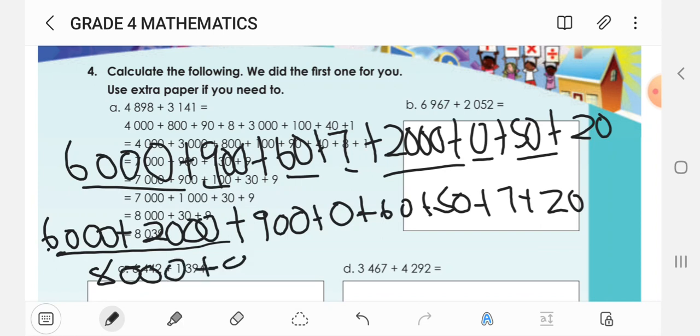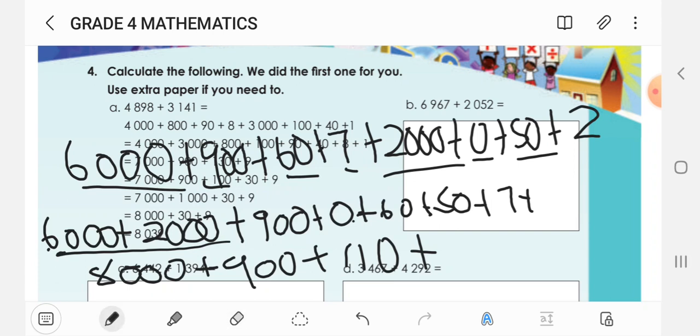So this together, 6 plus 2, that will give us 8,000 plus 900. 9 plus 0 is 900 plus 60 plus 50 will give us 110. And then, sorry, here I had to write 2. So 7 plus 2, that will give us 9.